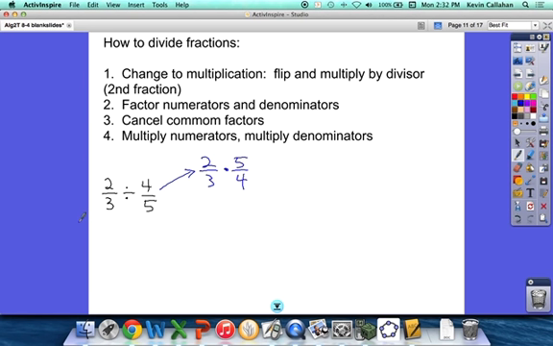Okay, so now at this point you can, 2 goes into 4 twice. What's that? No. You don't flip the first fraction. You only flip the second fraction. Right? 4/5 becomes 5/4.